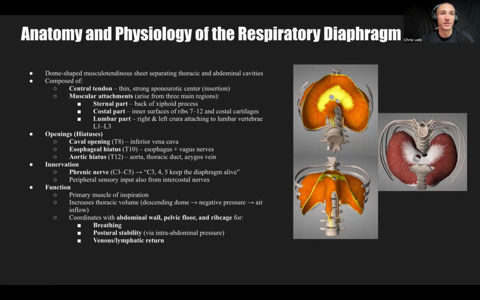It's composed of the central tendon, which is the insertion of the muscle, and then the muscular attachments go to the sternum, the back of the xiphoid process, the ribs 7 through 12 and its costal cartilages, and then the lumbar spine, it goes through L1 through L3. So it's got several vast attachments that really affect a lot of things within the trunk.